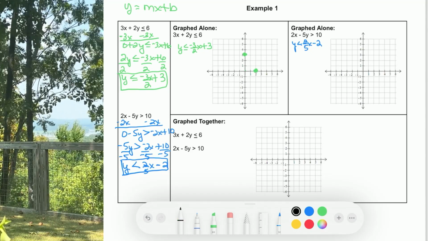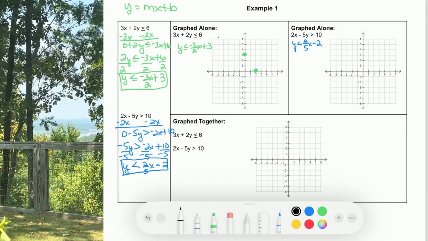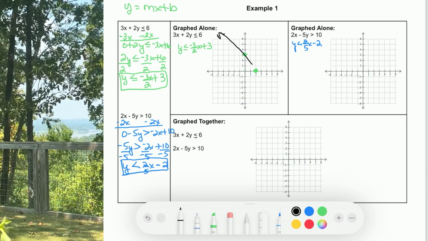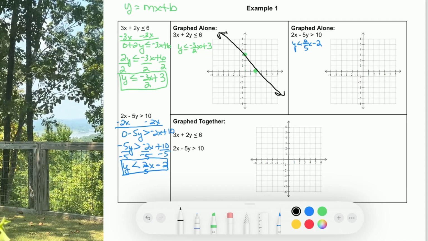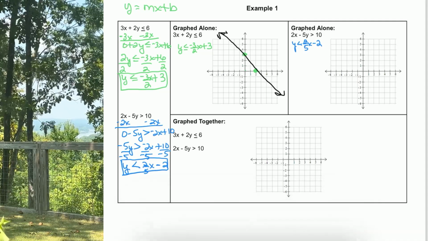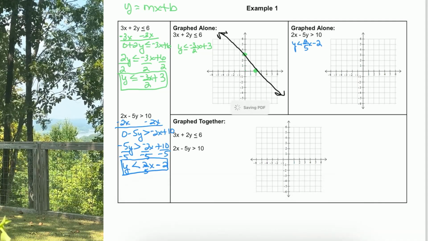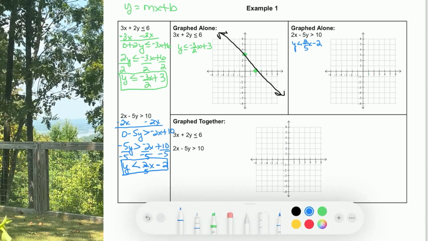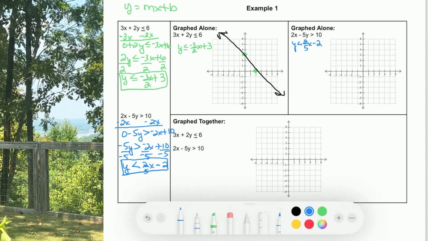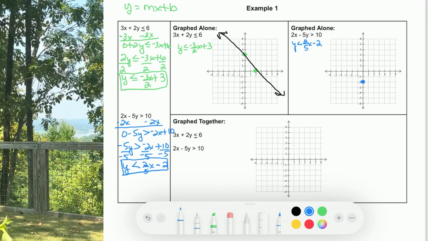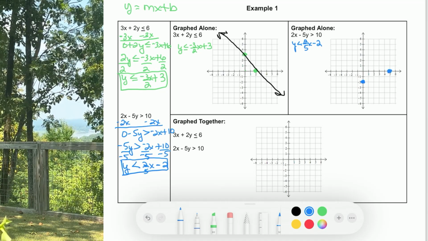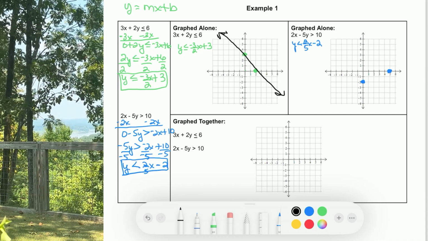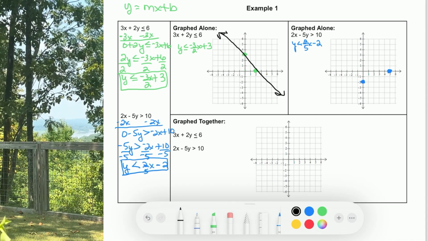And my inequality tells me it's going to be a solid line. All right, let's graph our other one real quick. We'll come back and do the shading. I just want to get our lines down. So our other one, we start at 0, negative 2. We're going to go up 2 over 5 with our slope to get our next coordinate. This is a less than inequality, so it's going to be a dotted line.